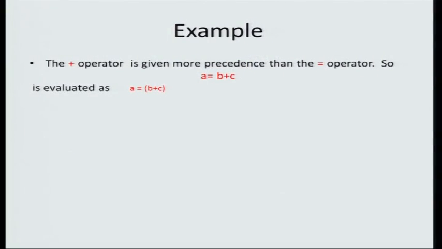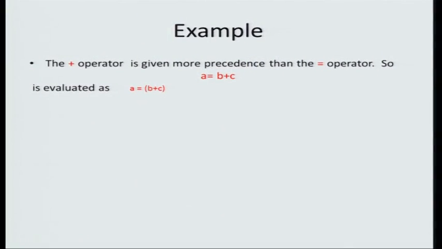So we have already seen the notion of associativity, which is what happens when many occurrences of the same operator occur in an expression. Precedence, on the other hand, is to mediate between multiple different operations in the same expression. Let us see an example of using precedence.